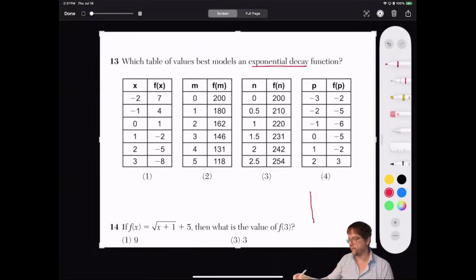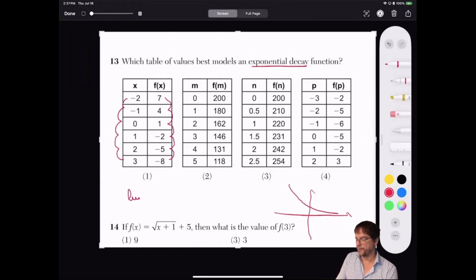When you have a graph, it can be something like this. Is that okay? Here, every time x grows 1, y decays 3. So it's a decay, but it's linear.